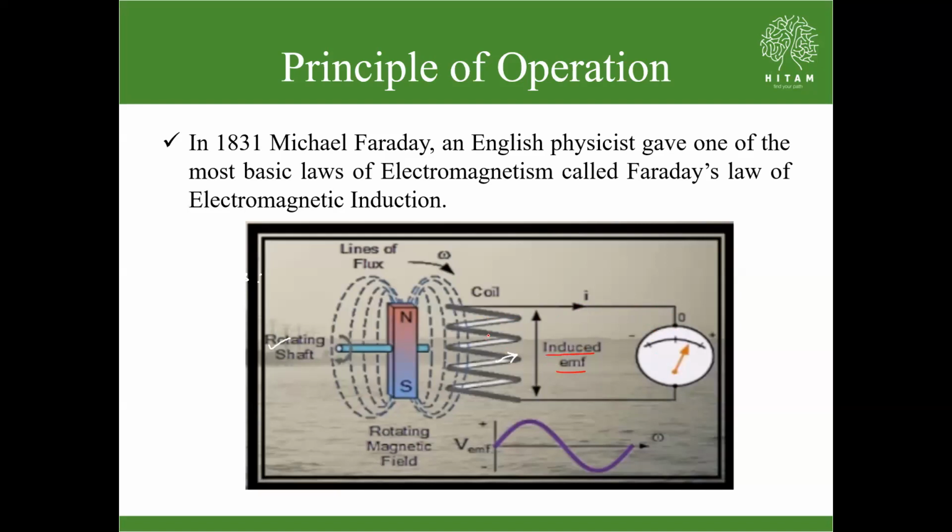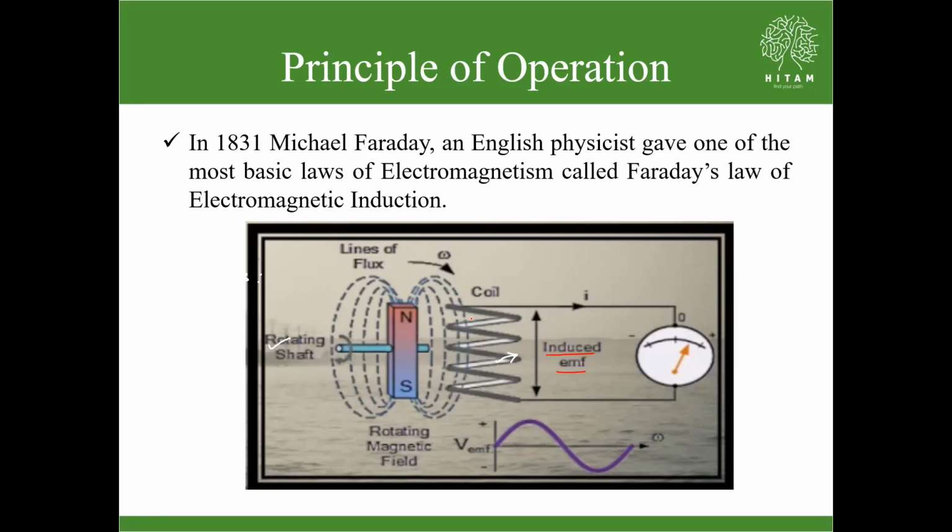What does it state? Faraday's law of electromagnetic induction. Very important. I hope you already studied Faraday's laws in your intermediate, but you have to revise once. See, this is the varying magnetic field. We kept one conductor in this varying magnetic field.